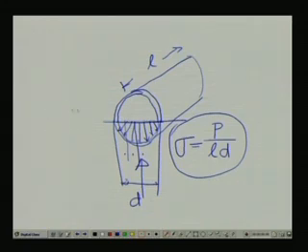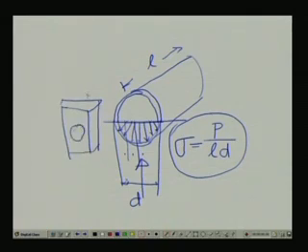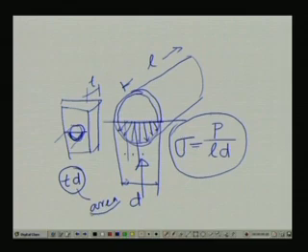So, if it had been a small plate of thickness T, suppose we are having a small plate of thickness T and we are having a shaft inside like that, then what is the projection? Here also we will be considering T into diameter of the shaft. This is the projected area. So, this is the area to be considered for the bearing stress.